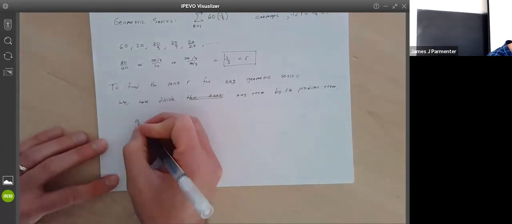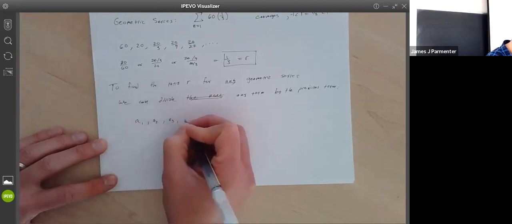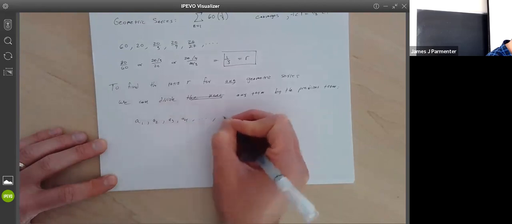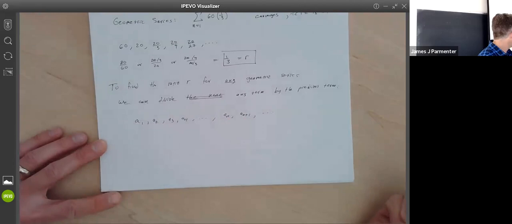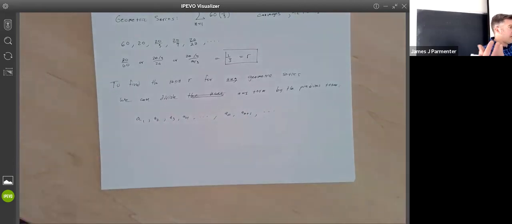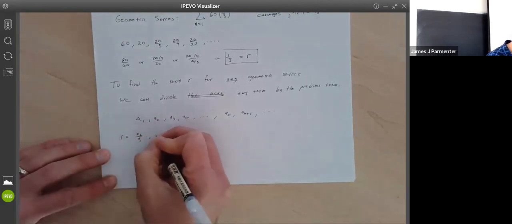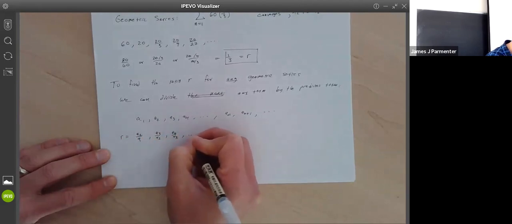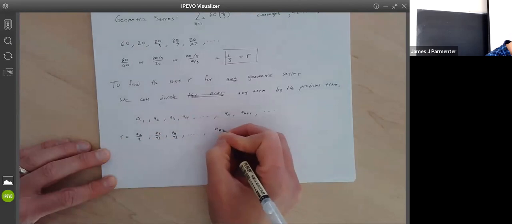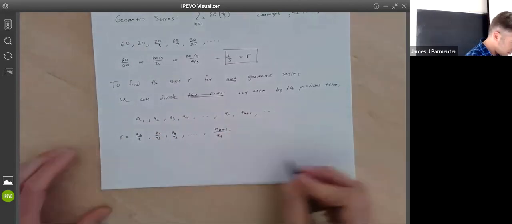If we have some series that consists of the sequence a1, a2, a3, a4, all the way to some a sub n plus 1, et cetera, well, our ratio could be any quotient of next term over previous term, meaning the ratio would be a2 over a1, a3 over a2, a4 over a3, all the way to a sub n plus 1 over a sub n. Each of these would be equal to the ratio.